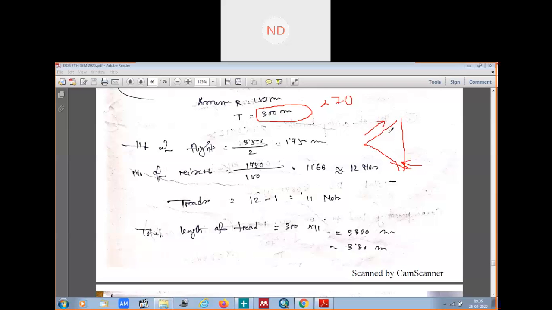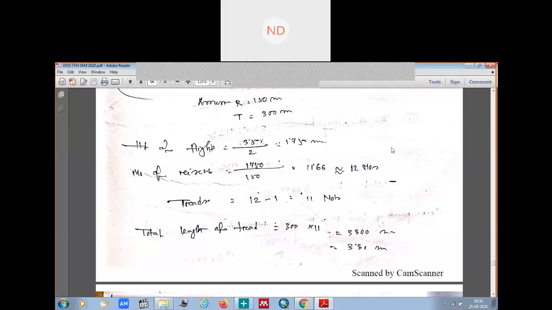So the height of each flight will be 3.5 divided by 2, which gives the height of one flight as 1.75 meter.